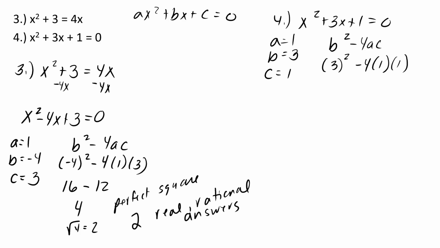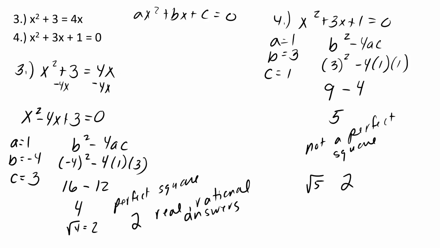I love ones. They're almost as awesome as zeros. 3 squared is 9. Minus 4 times 1 times 1 is 4. And 9 minus 4 is 5. And that is not a perfect square. So that means if you were doing the quadratic formula out, you would end up with just that square root of 5. Now that's still going to give you 2 answers because you'll have that plus or minus.